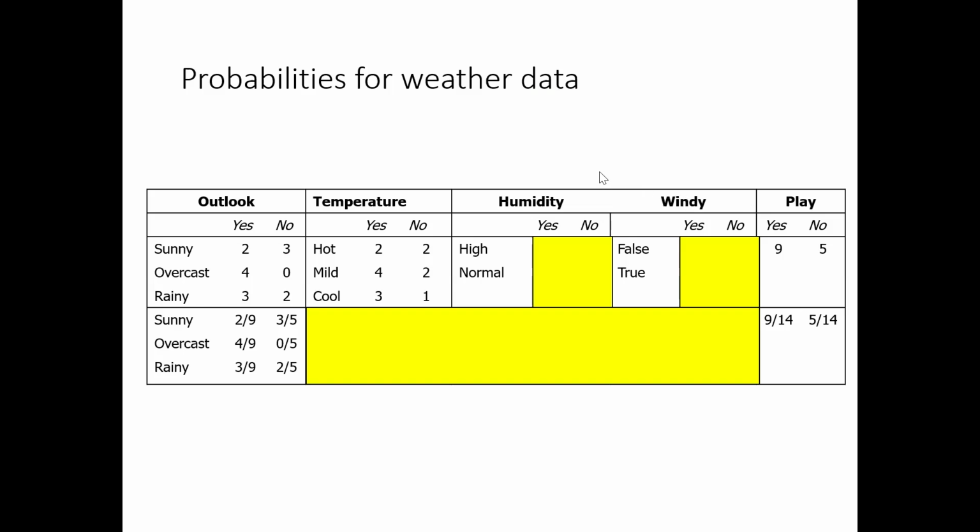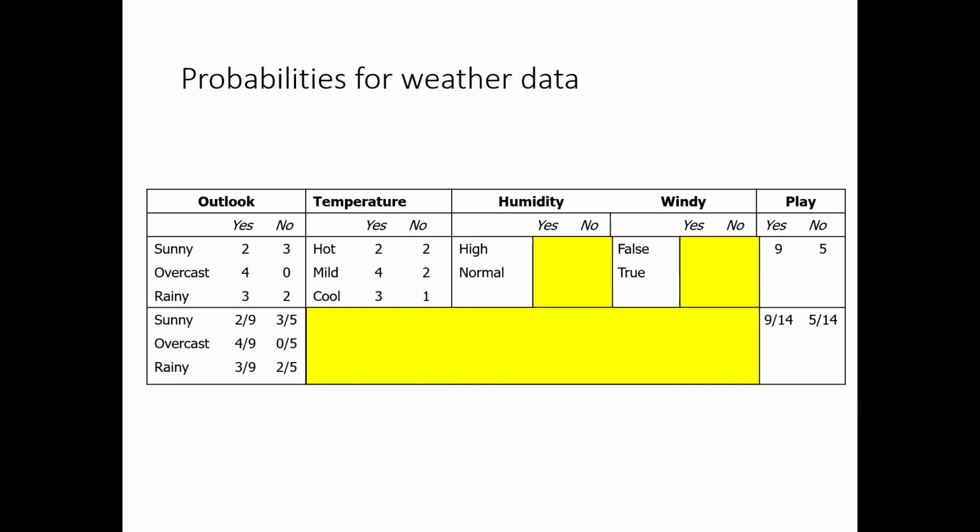Now I have a small question for you. Given the counts for temperature, hot we have 2 and 3, mild we have 4 and 2, cool we have 3 and 1. Can you tell me for hot, what is the probability of the class being yes? What is the probability of the class being no?